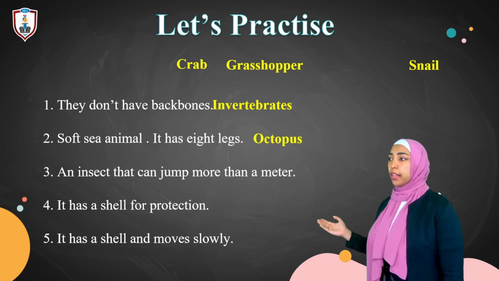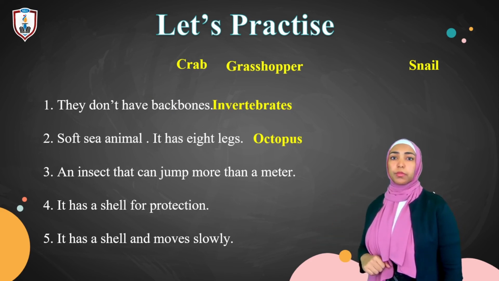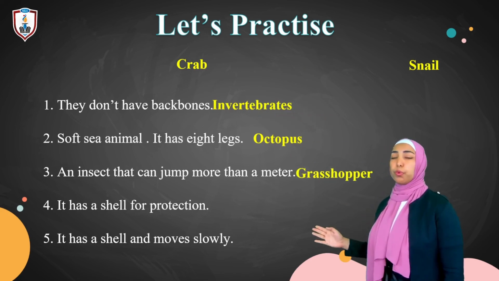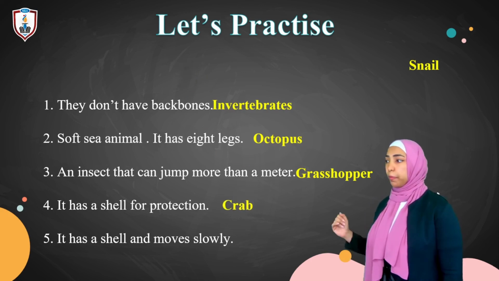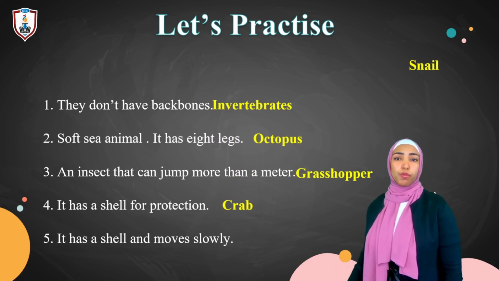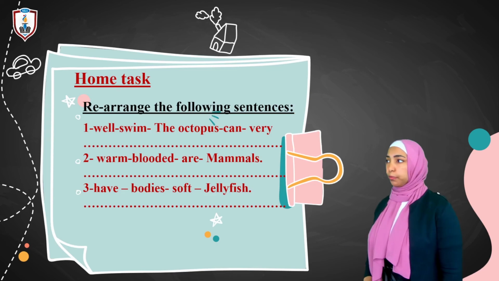Number 3, an insect that can jump more than a meter. Yes, grasshopper. It has a shell for protection. Excellent, this is the crab. It has a shell and moves slowly. Which one moves slowly? Yes, this is the snail.